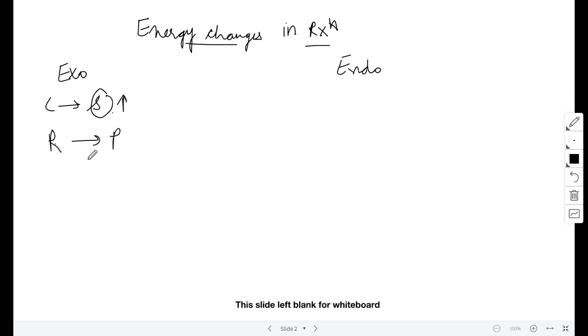I'll give you a daily example of a very common exothermic reaction. I'm not talking about chemical reactions right now. If you know about hand warmers, what are hand warmers? They warm our hands. How do they warm our hands? A chemical reaction takes place in them.